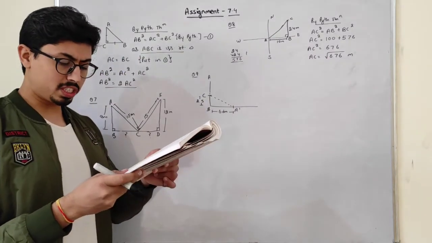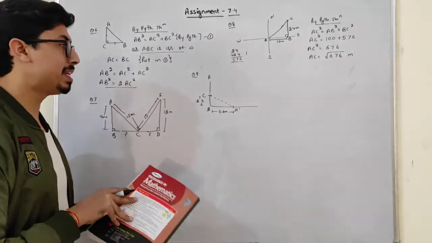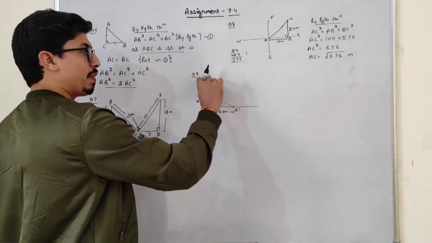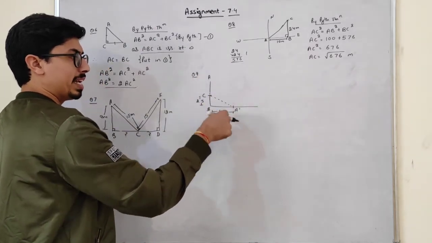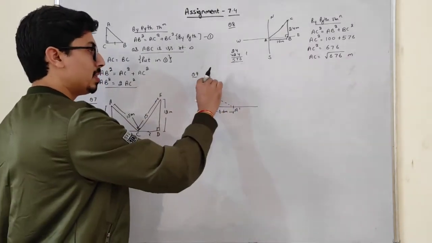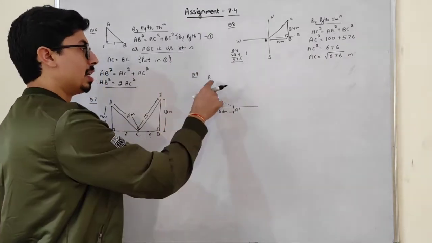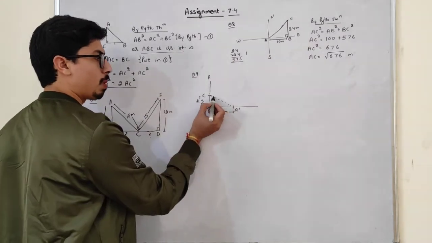So students, what is the total height of the tree before it breaks? That means you have to find out the actual height. So we have to find AC, and we know that AC will be equal to A dash C, because this portion of the tree just fell on the ground and these two portions will be equal. So just apply Pythagoras property in this.